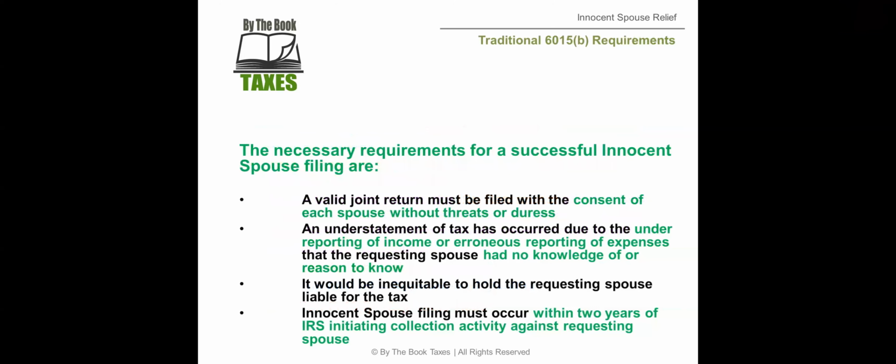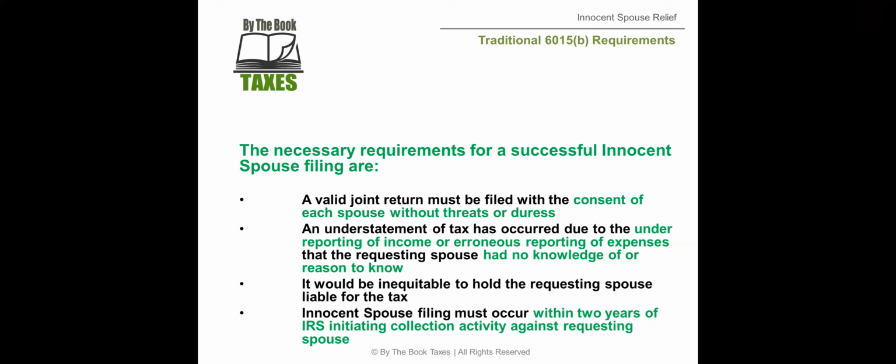Okay, so what are the requirements for successfully filing an innocent spouse claim under Internal Revenue Code section 6015B? There's four that I list here. The most important thing is, was an actual valid joint return filed by a married couple?